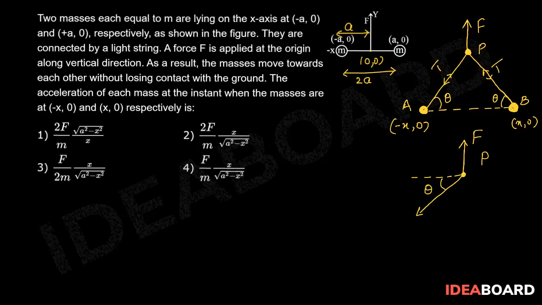Likewise, there is another tension which acts in the downward direction, making an angle theta with the horizontal. So T gets resolved into two components as T cos theta and T sin theta.